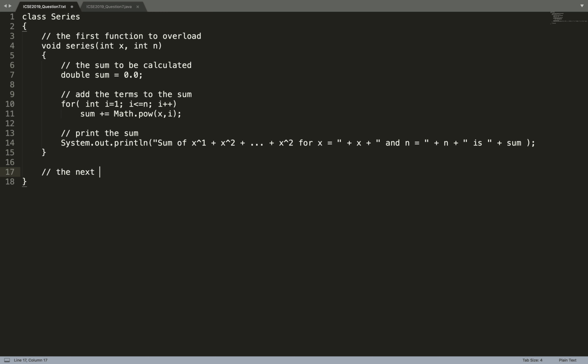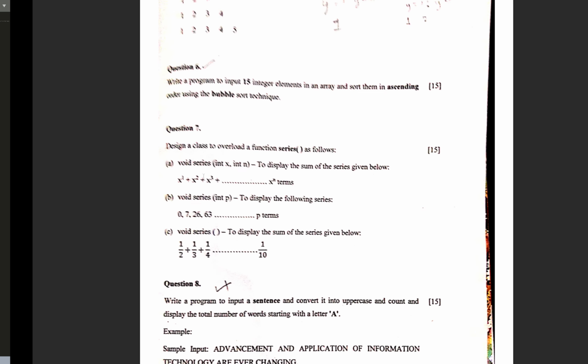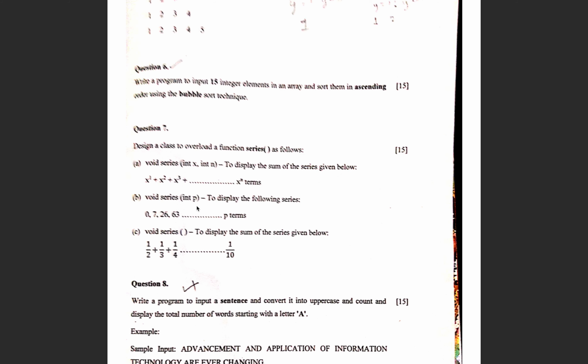Okay, and I'm going to the next method, int p. So the first term is 0, the next term is 7, and the term after this is 26. So 0, 7, and when you subtract 7 from 26, it is 19, and then you have 63.